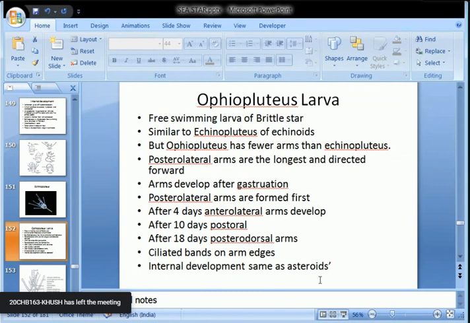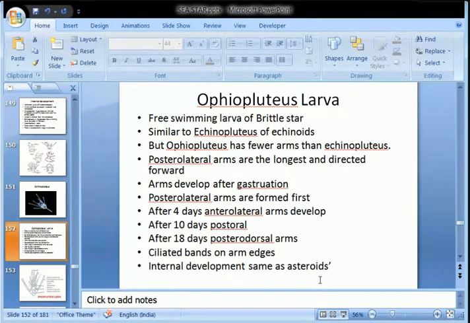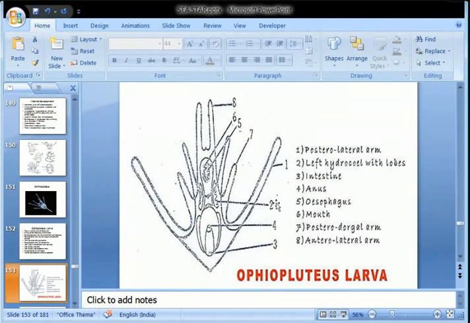That is how the coelom differentiates into exocoel, hydrocoel, and somatocoel, and some part of exohydro gives rise to a particular organ system, and so on. So internal development is similar to that of asteroids, and finally this larval form appears here. You see, the name is like this. This is the posterolateral.